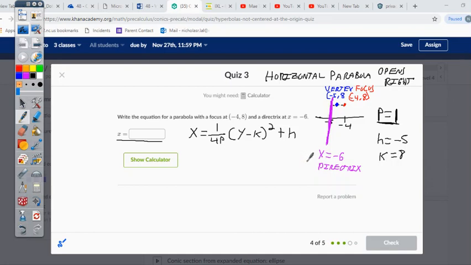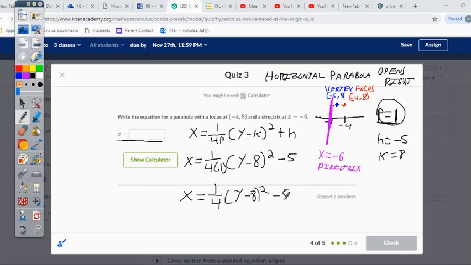Here p is 1, so x is equal to 1 over 4 times 1 times y minus 8 squared plus h. Now h is negative 5, so this simplifies to x is equal to 1/4 times y minus 8 squared minus 5.